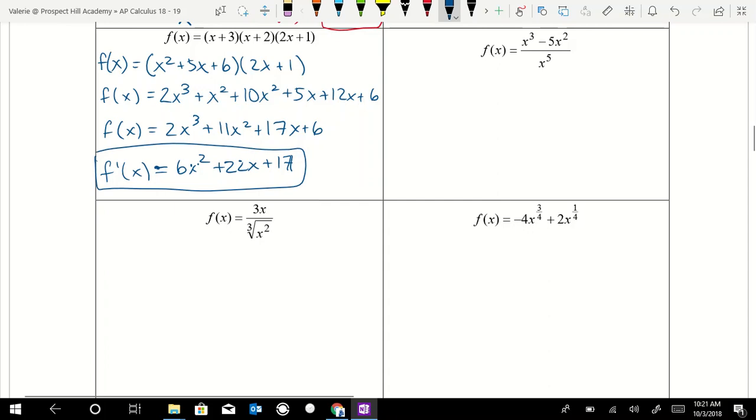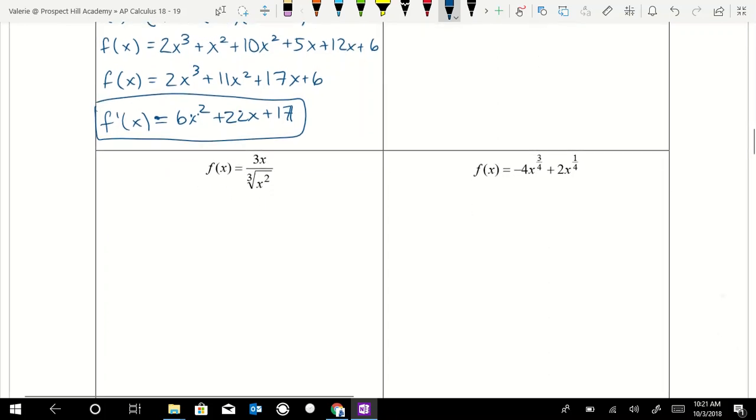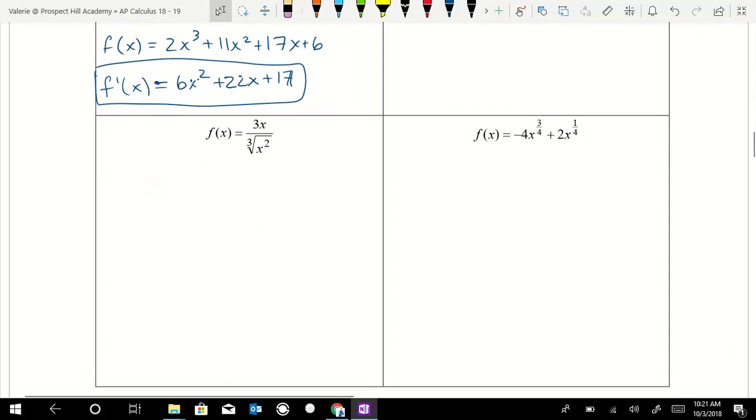All right, and the last one we're going to do together on this page is f of x equals 3x over the cubed root of x squared.